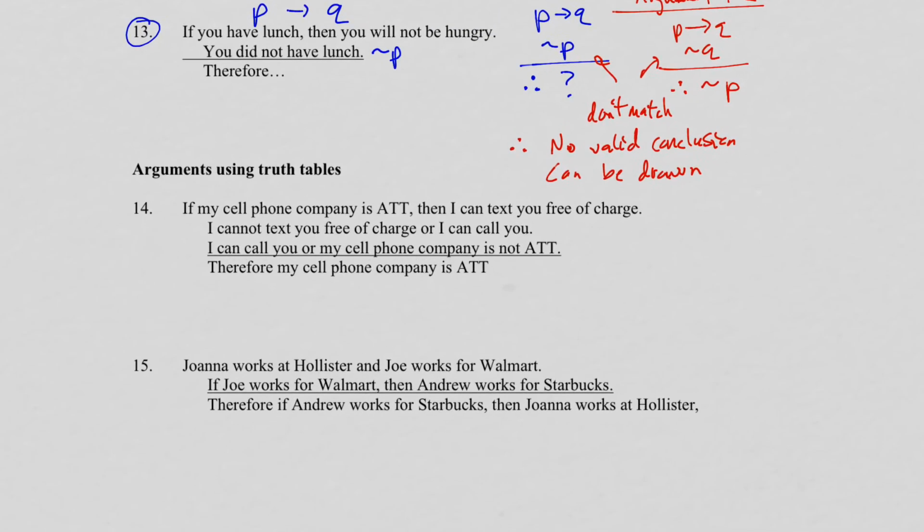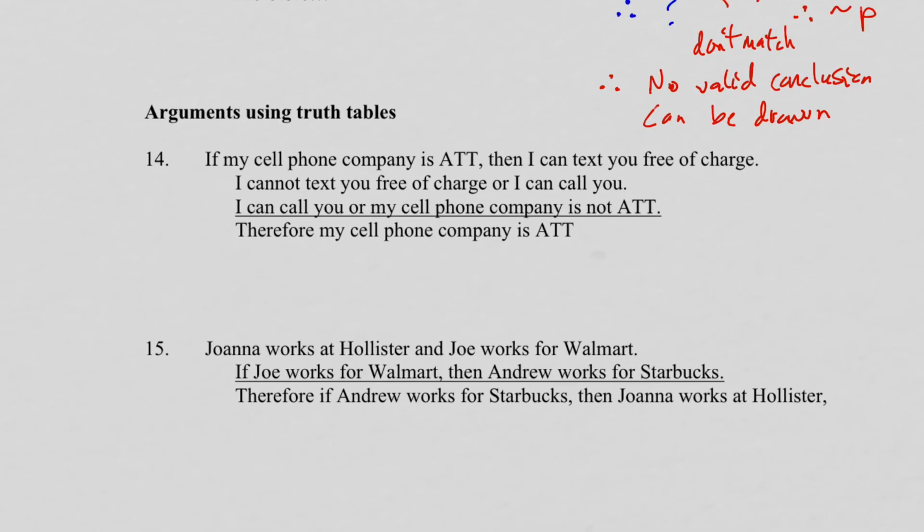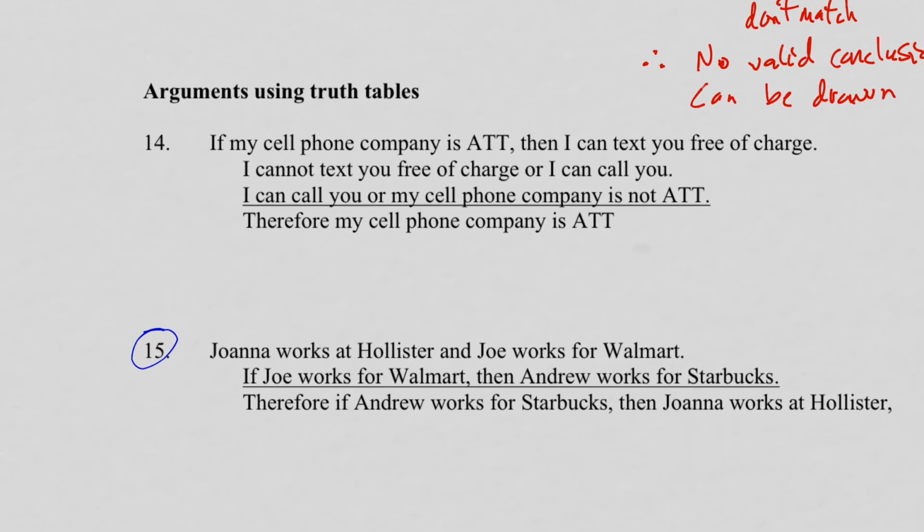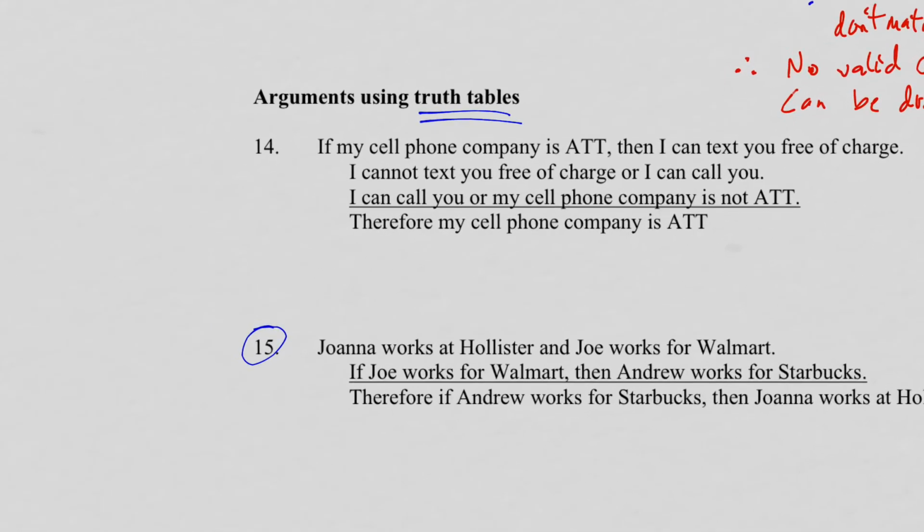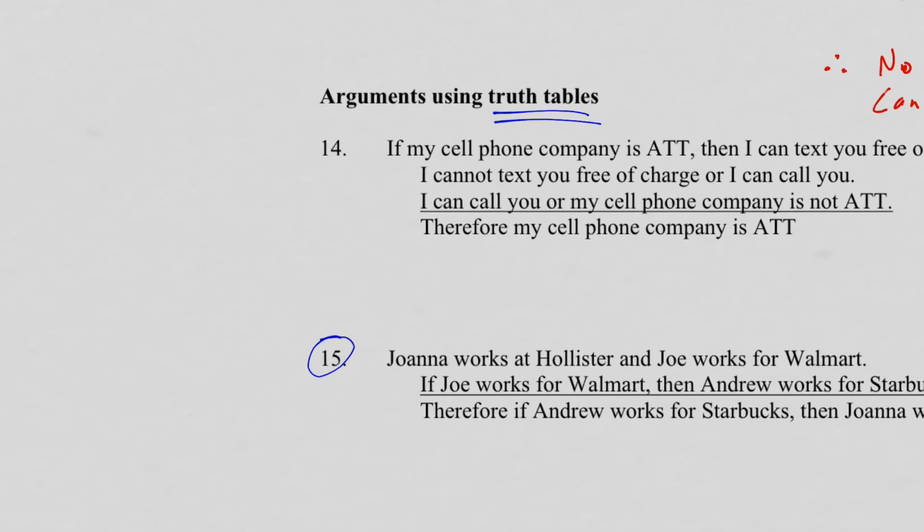Okay, so we're going to do number 14 and 15. Actually, sorry, we're going to do number 15. And we're not going to do 14. 14 has 3 premises. And we have to use truth tables in this section. And so I highly recommend that you skip this if you want to maintain your sanity.